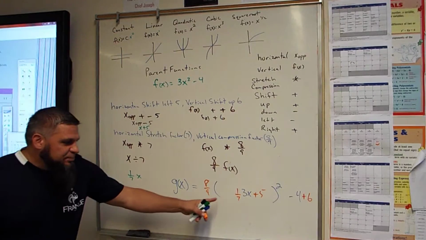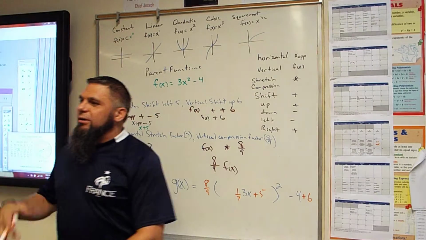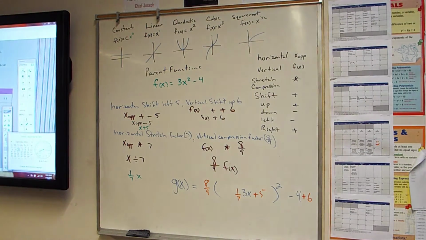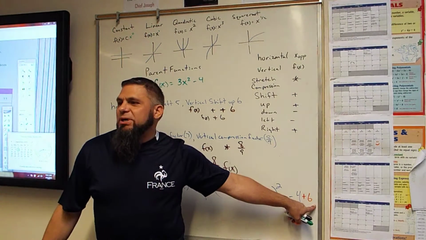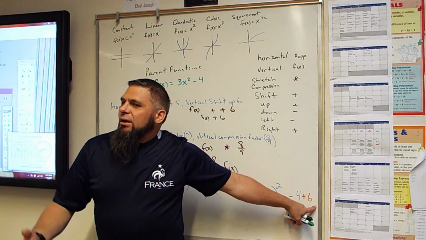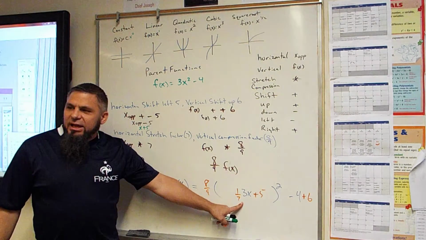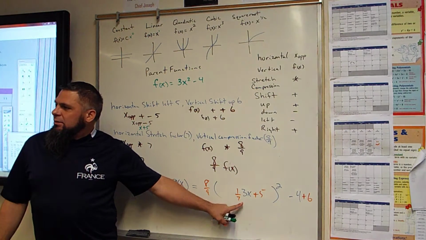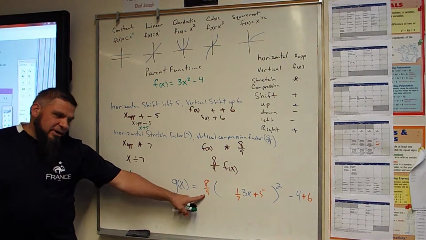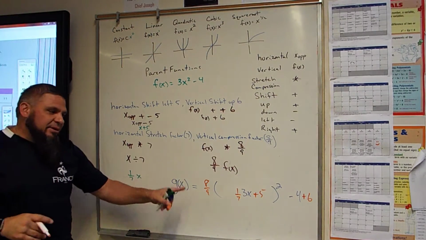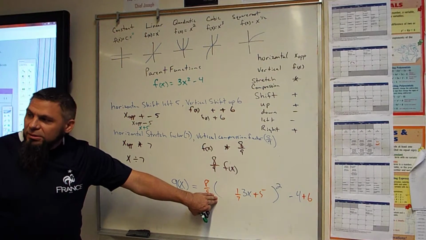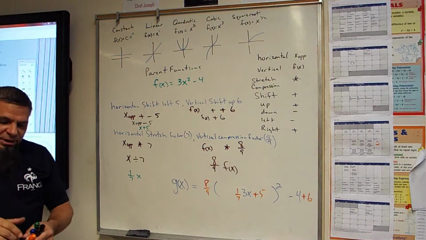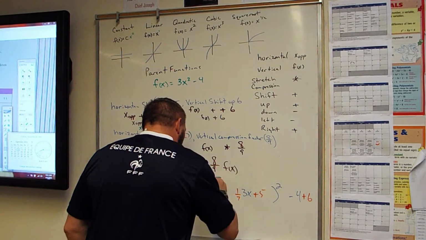Notice I left the space everywhere for that orange. When I'm adding, it goes to the end. Or subtracting, it goes to the end. If I'm multiplying, it goes in the beginning. If it's the x, or if it's the function, it's ahead of everything. Now remember, this is to the whole function, so I need a little bit more here.